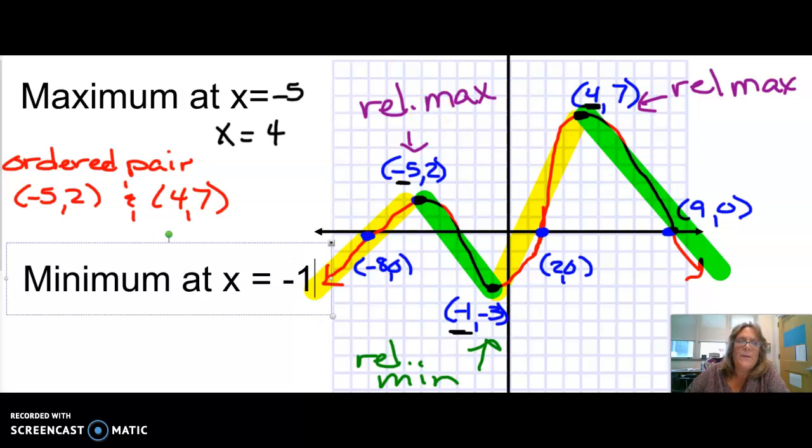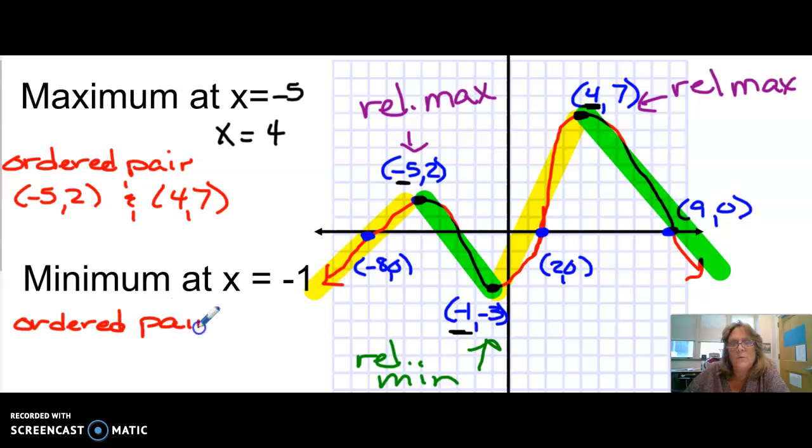Now, if we're asked to find the minimum and we want it written as an ordered pair, then we would write the ordered pair (-1, -3). Okay, so maximums and minimums are the high points and low points on your graphs.